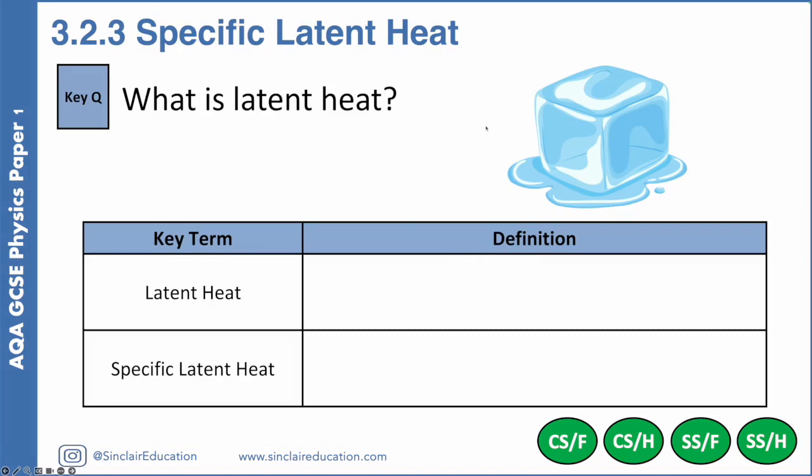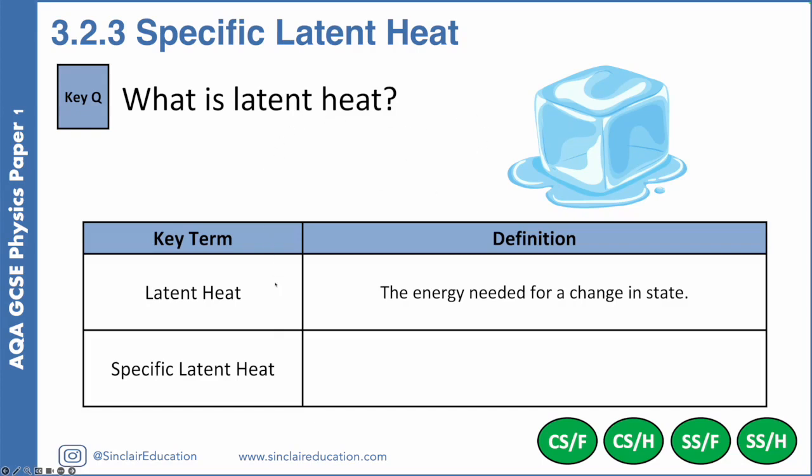Now we're going to have a look at latent heat. Latent heat is the energy needed for change in state. When we heat a substance, we can either increase its temperature, which is when we'd use our equation for specific heat capacity, or we can use it to change state.